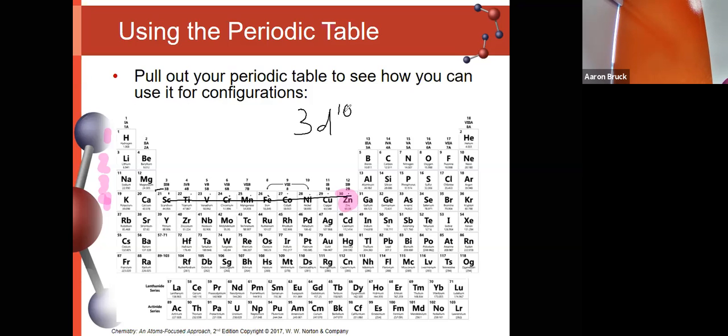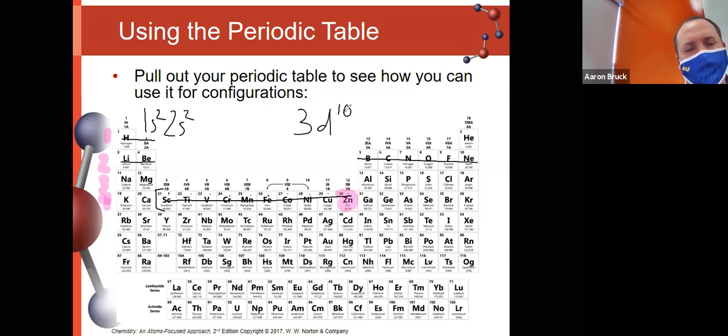All of the other sublevels that preceded 3d10 are going to be completely filled. So now we just need to go through and do the rest of those. I have 1s. The s sublevel has a capacity of 2, so it's 1s2. I've got 2s. s has a capacity of 2, so it's 2s2.